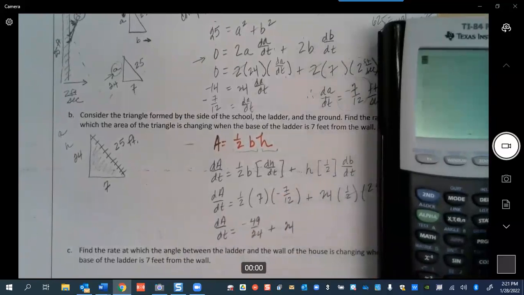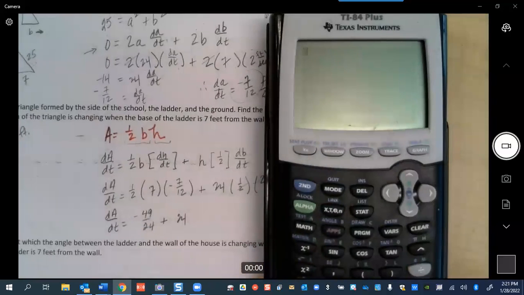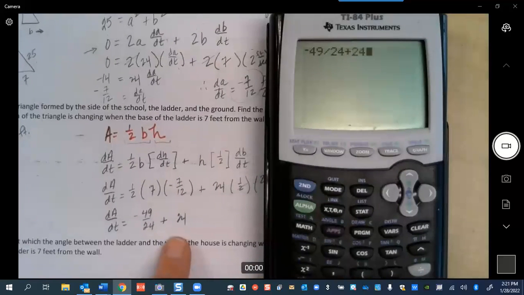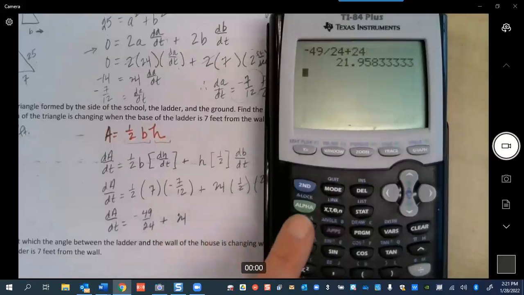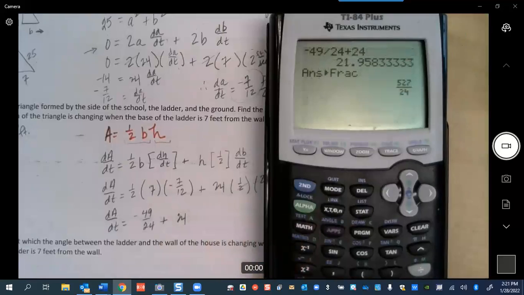So I can go ahead and do that math, -49 divided by 24 plus 24. Math, track. That's the rate at which my area is changing.